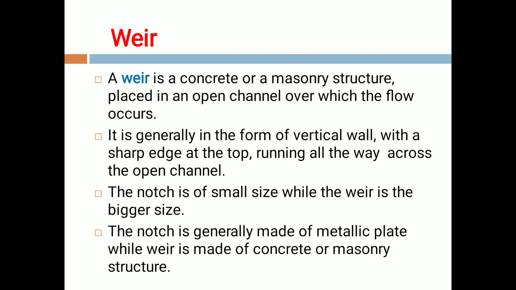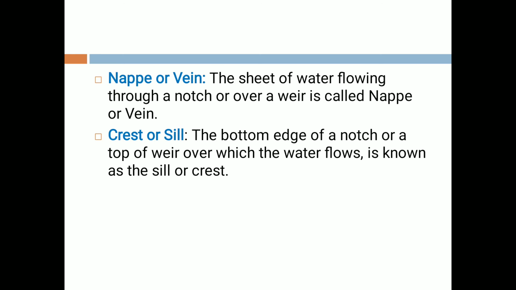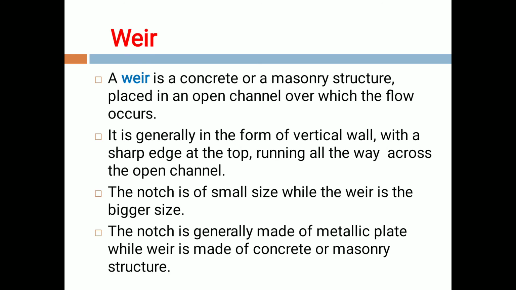Then a notch is generally made of a metallic plate, while a weir is made of concrete or masonry structure. So, these are some points which show the difference between weirs and notches.